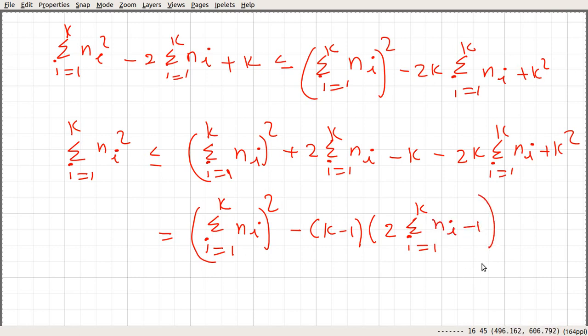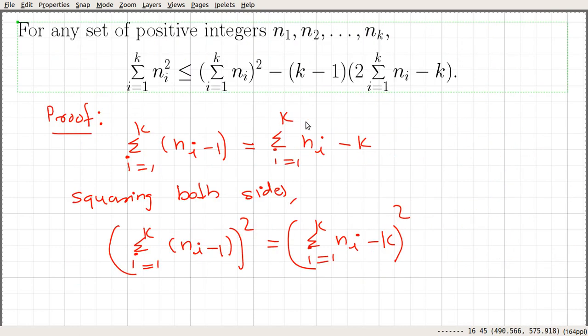Anyway, that's what we are trying to prove, and hence we are able to prove this inequality. So that's what we proved here, right?